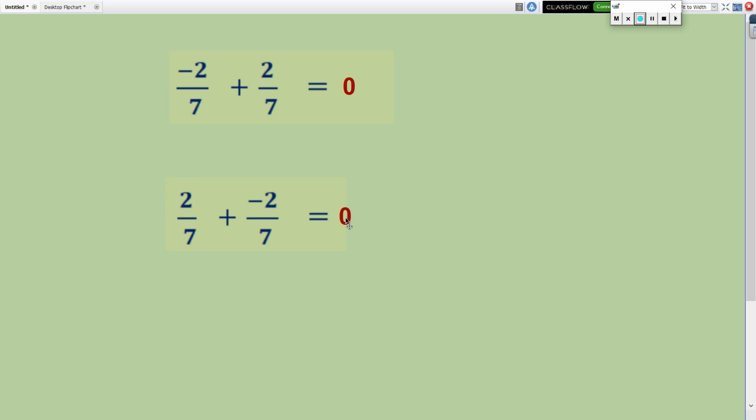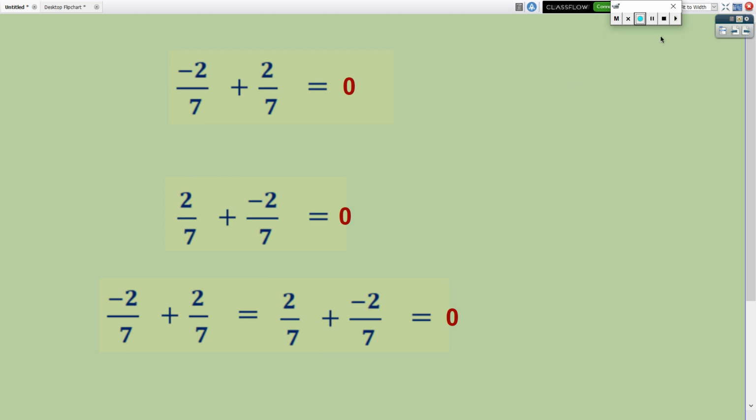So we can write negative 2 by 7 plus 2 by 7 is equal to 2 by 7 plus negative 2 by 7 equal to 0. So 2 by 7 is the negative of negative 2 by 7 and negative 2 by 7 is the negative of 2 by 7.